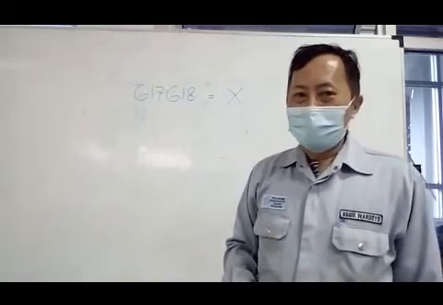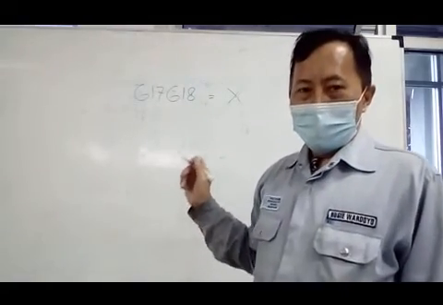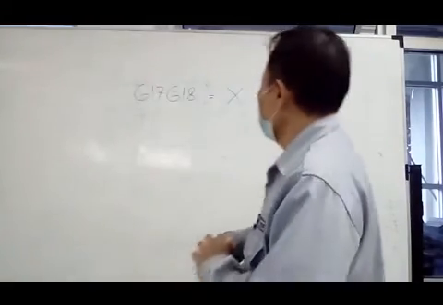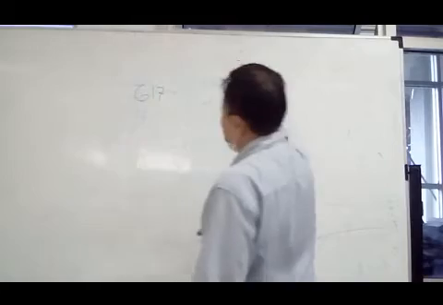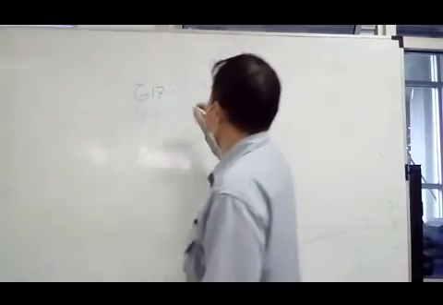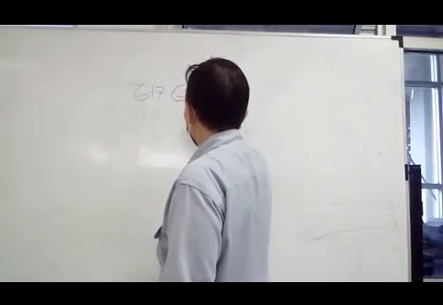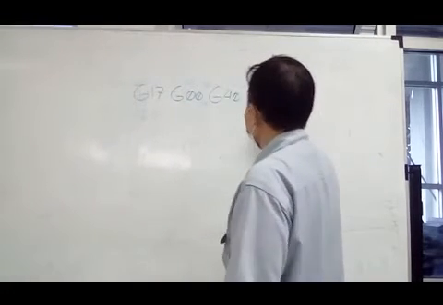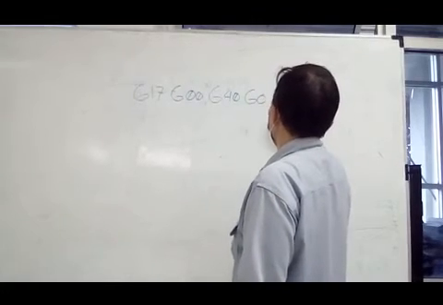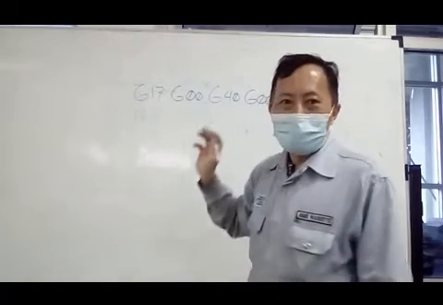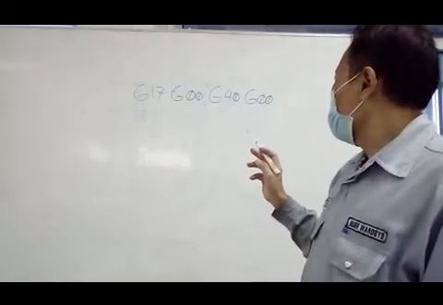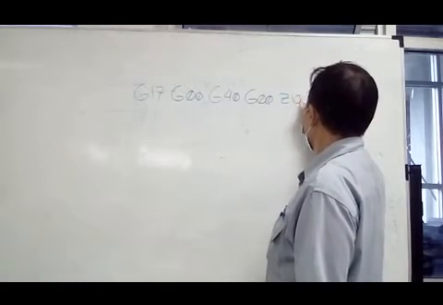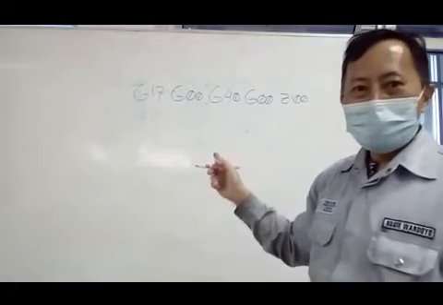Cannot use the same group in the same line. Yes, you can use it like this: G70, G0, and G40, and G0, for example, and so on. You can write like this. This is correct.